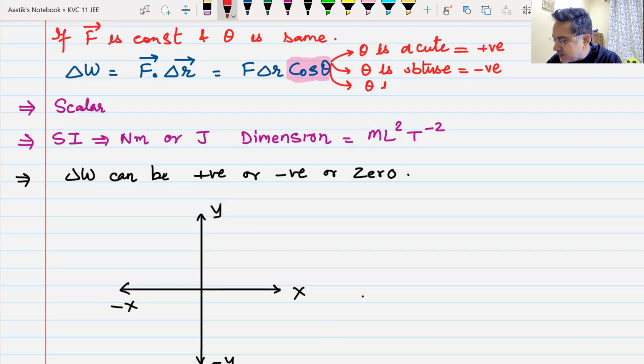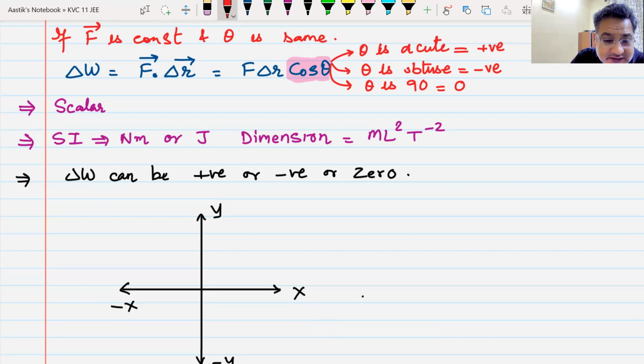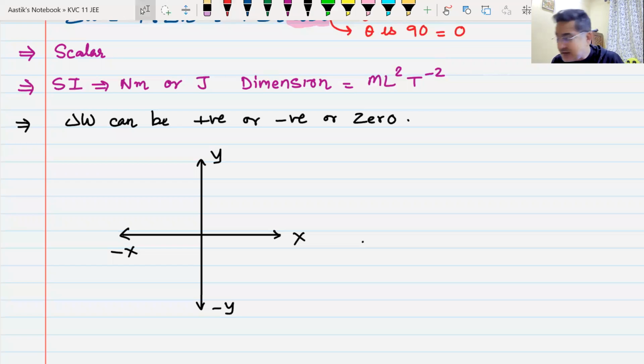If this theta is 90 degrees, that means force is perpendicular to the displacement, and the work done is zero. Therefore, in the definition, it was said that the angle between force and displacement should not be 90, because if it is 90, work done is zero. So basically the angle between the force and the displacement decides whether the work done is positive or negative.